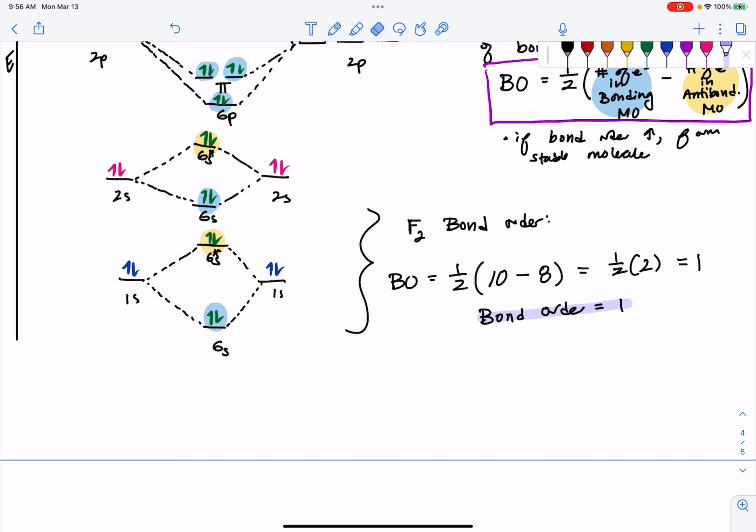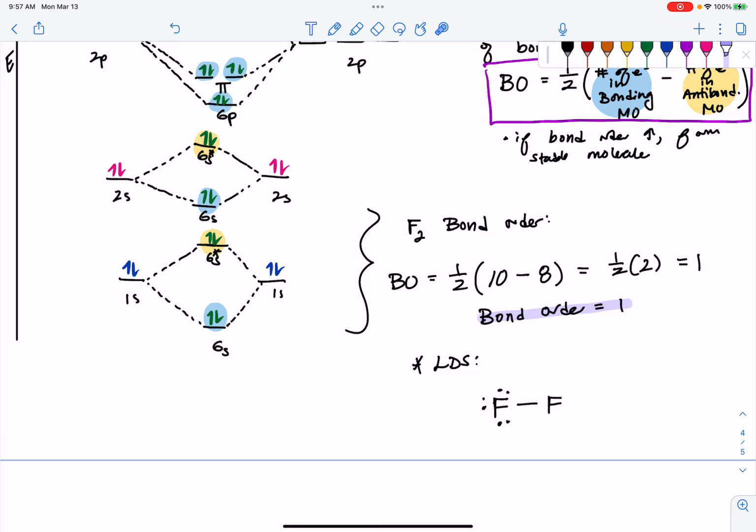In fact, if we look at Lewis, let's see if a single bond is predicted. So I've got fluorine, fluorine, each with a total of 7 valence electrons. Connect them. I've used up 2. Fill in their octets. So let's see, I've done 14, used up 2.